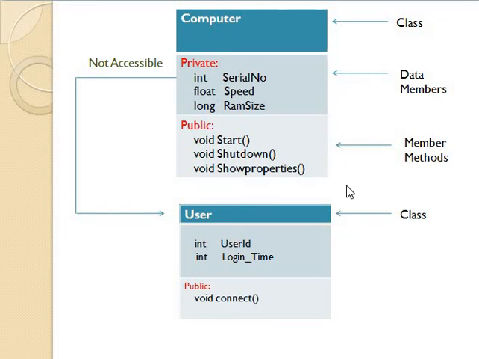I have also explained in my earlier presentation that any data member which has been declared with private as the access specifier shall be accessible only within its own class, but not to any class outside its own class.